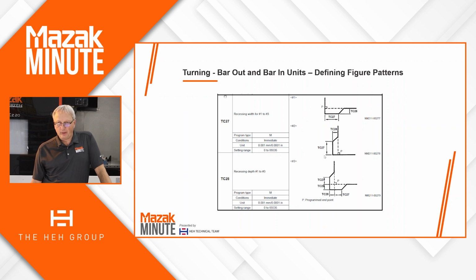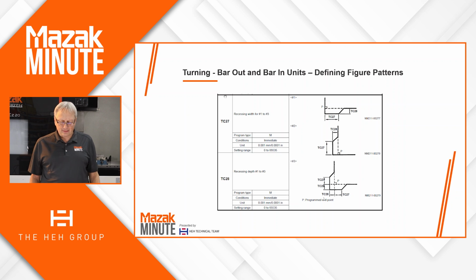On the face of the part, again, TC27 is going to be the width. TC28 is going to be the depth in the Z-axis. And then number 3 is basically going to do a corner undercut, and it's going to do both. You can see TC27 and 28 have their values there.